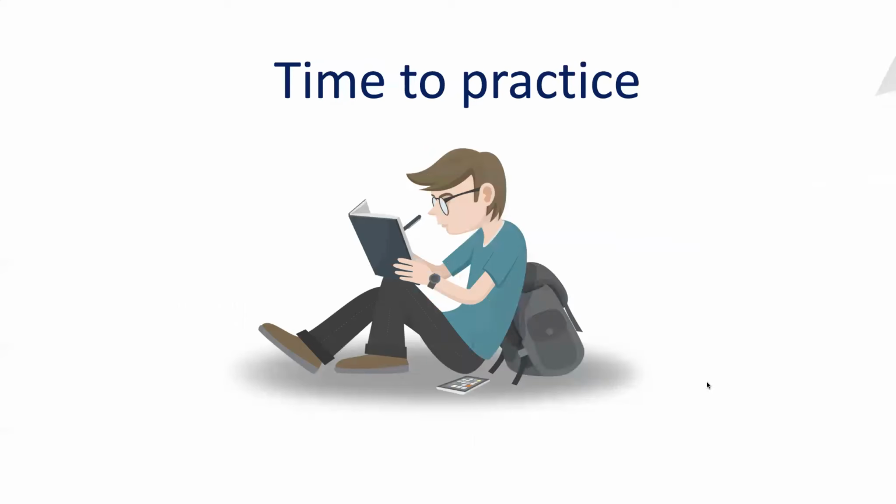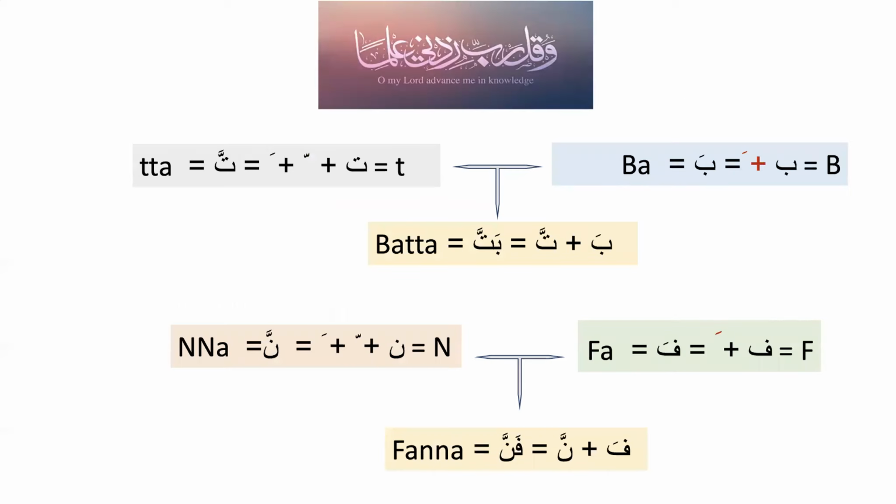Time to practice. In this example, I've taken two kinds of letters with different accents. Here we have the B plus fatha, we have ba, and then the T with shadda with fatha, we pronounce it as ta.